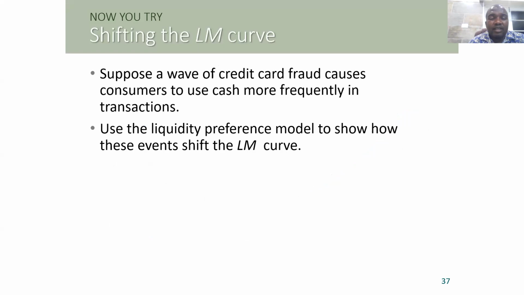Suppose a wave of credit card fraud cases causes consumers to use cash more frequently in transactions. We can use the liquidity preference model to show how such an event shifts the LM curve.